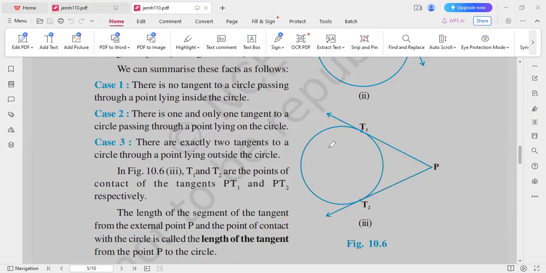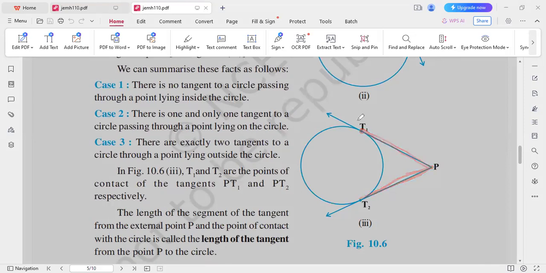Now, there is a theorem, Manya, which says that if you take one point outside the circle, and through that point you draw two tangents to the circle, then the length from this point to one tangent, which is T1, will be exactly equal to the length of this line segment.